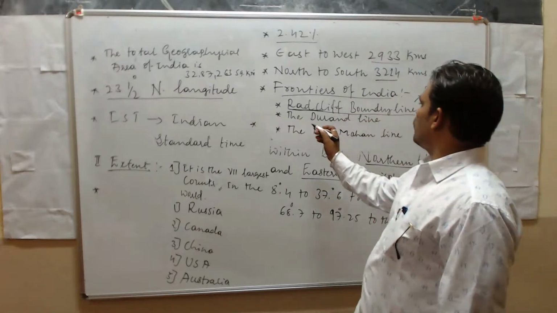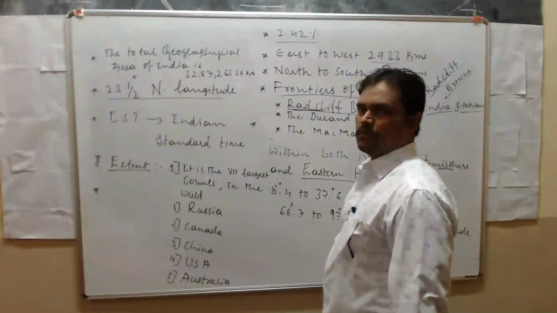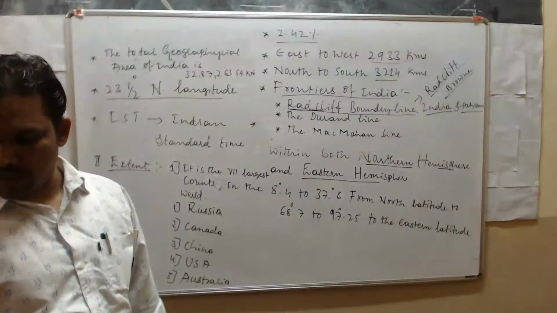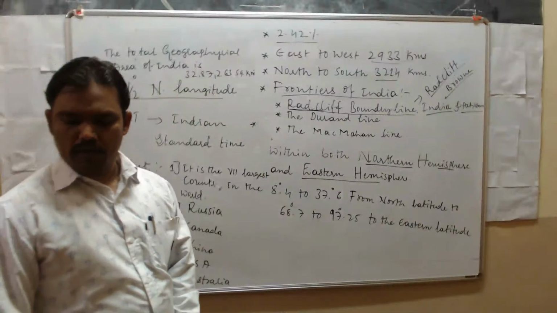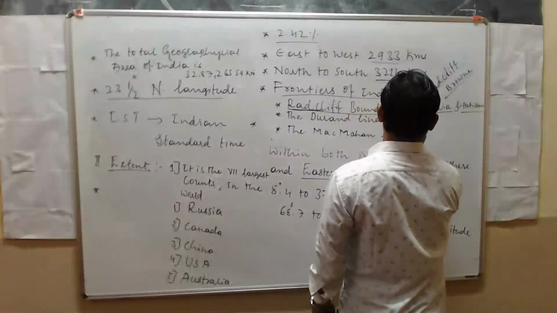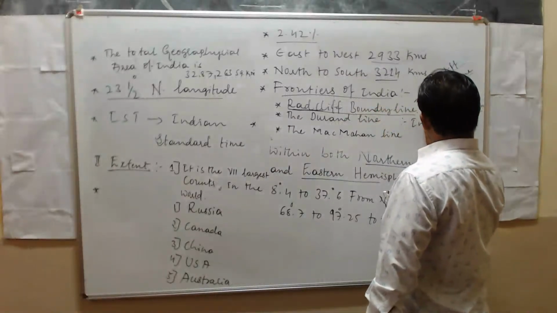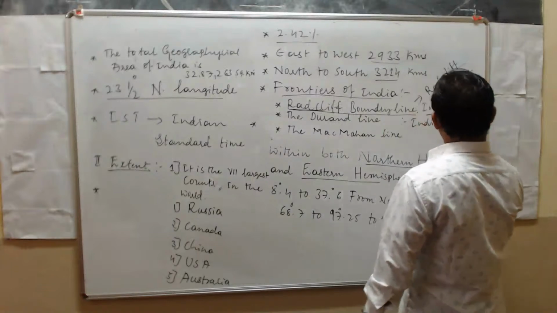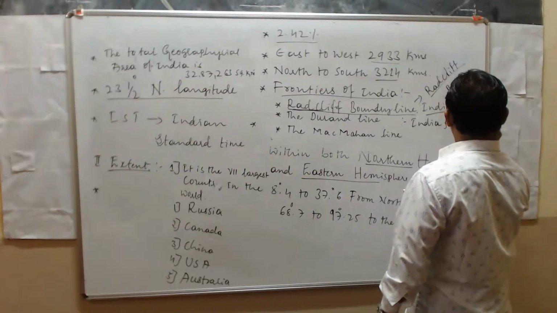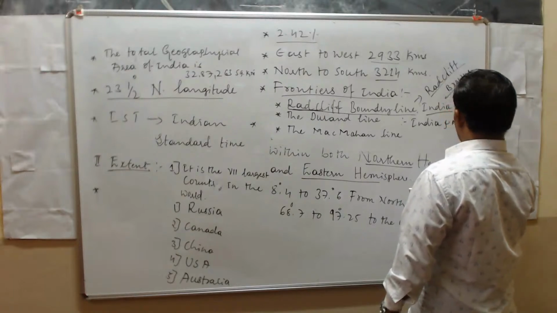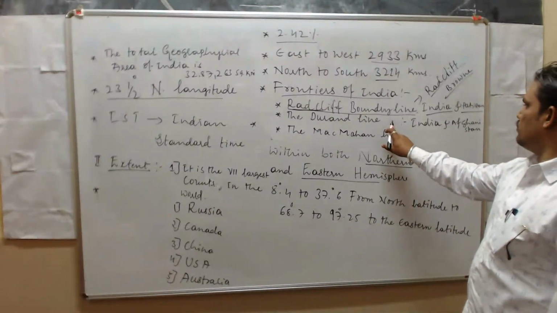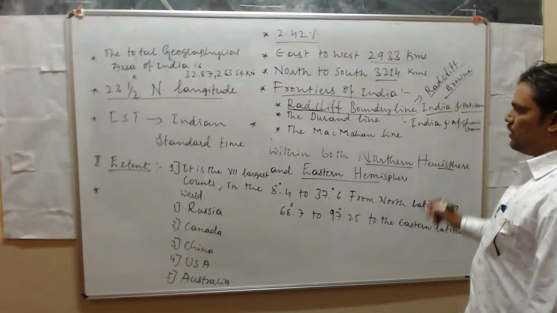Next, Durand line. This borderline lies in between India and Afghanistan.